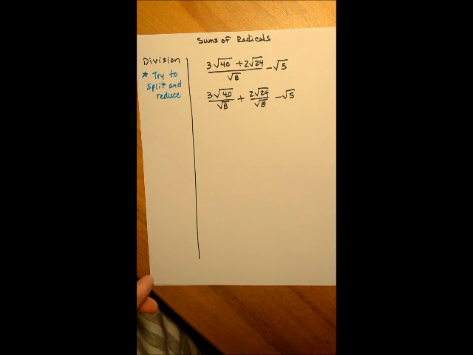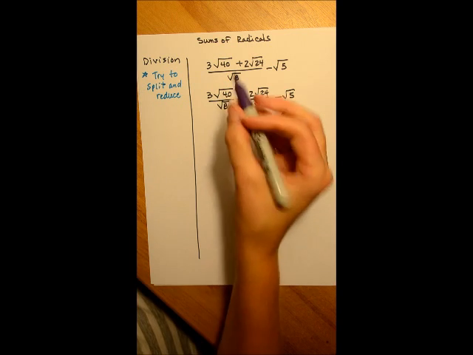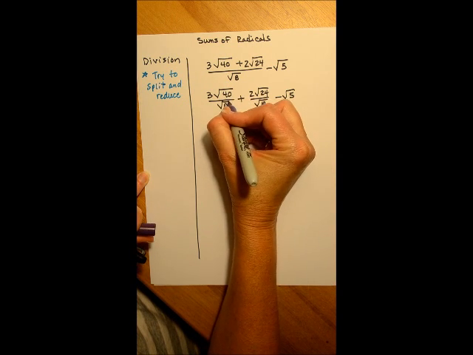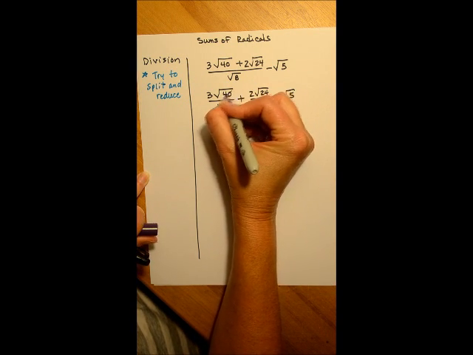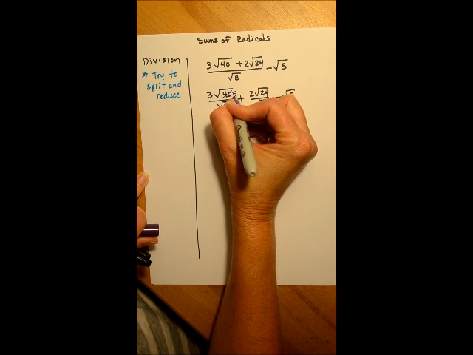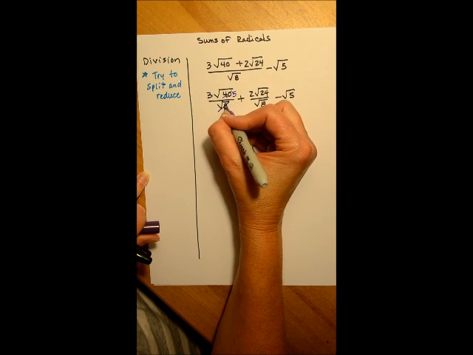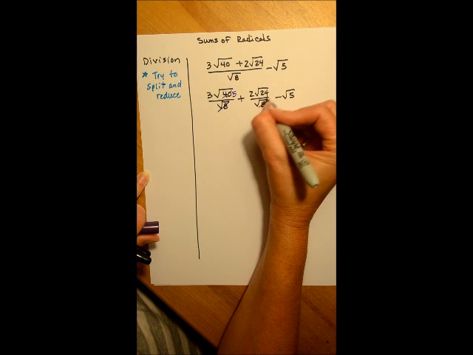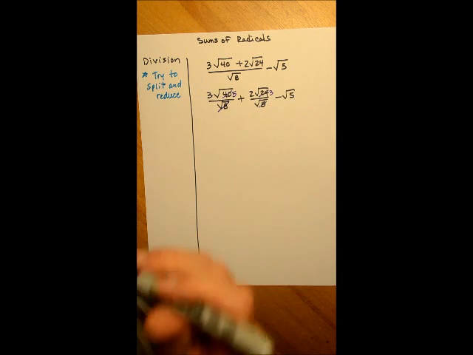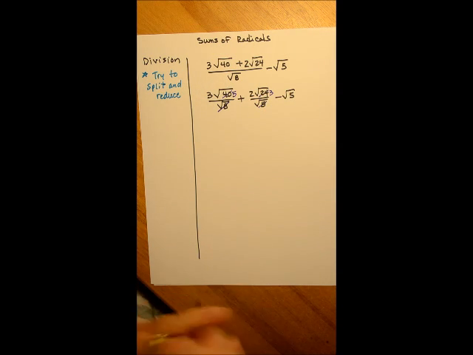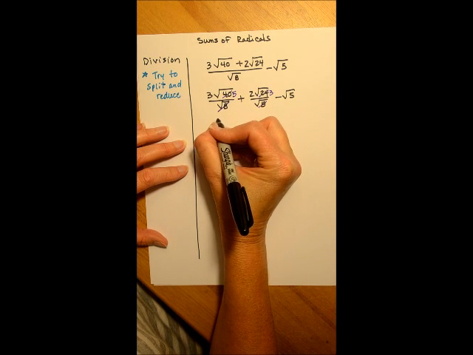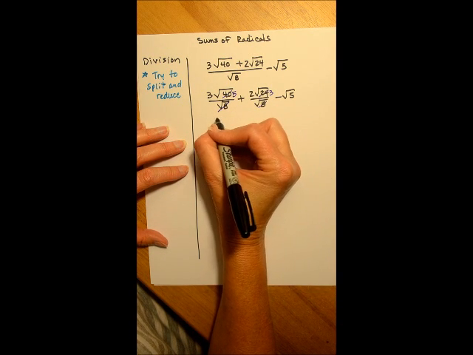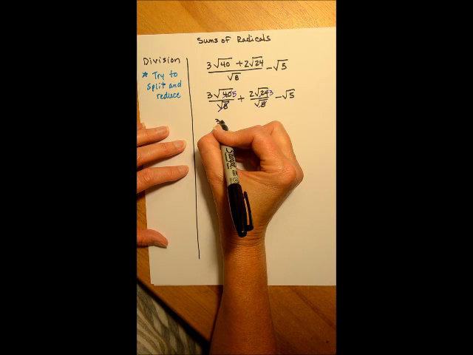When you do that, what you're allowed to do here, because they're both under the radical sign, is you can wipe that square root 8 out, and that 40 could go into a 5, because 8 goes into 40 5 times. 8 goes into 24 3 times. So it's pretty fast. You don't have to rationalize. This doesn't always work out to where you don't have to rationalize, but this one does.